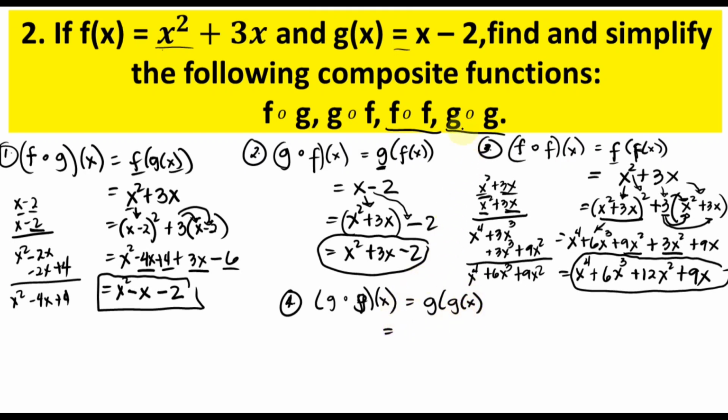Again, the value of g of x is x minus 2. Then, i-replace lang natin ulit yung value ng x dito sa g of x. So, that is x minus 2. Ito yung value ng x natin. Subtract ito minus 2. So, that is x minus 2 minus 2. So, that is equivalent to x minus 4.